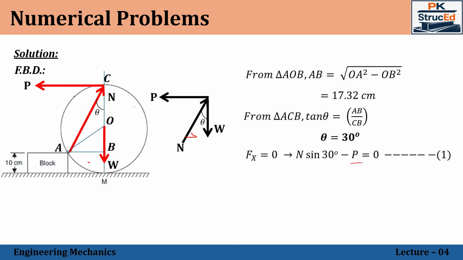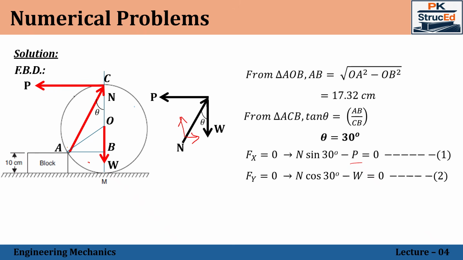A horizontal component will be acting in the positive direction. Now N's inclination has been given with respect to the vertical, so the horizontal component will be sine theta. That is why it is N sine 30 degree minus P equal to 0. Let it be equation number 1.